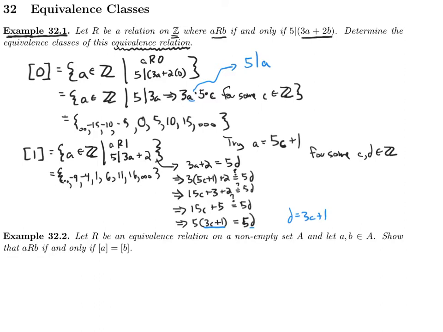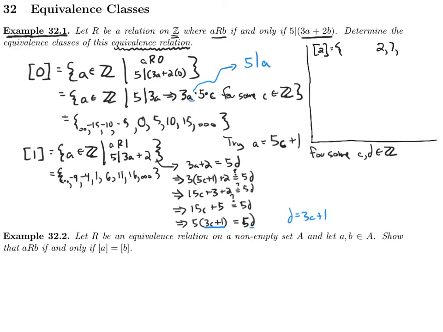Just as a little exercise, use the same ideas that we did for the equivalence class for 1 to show that, I'll just do it up here. Sorry, this is getting a little messy. I'm running out of room a little bit. The equivalence class of 2 is going to be everything with a remainder of 2.